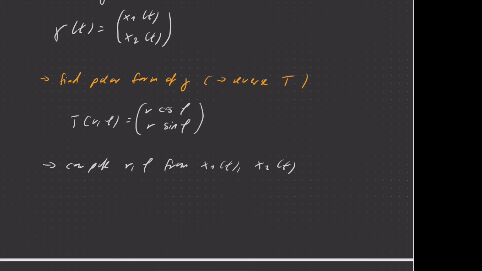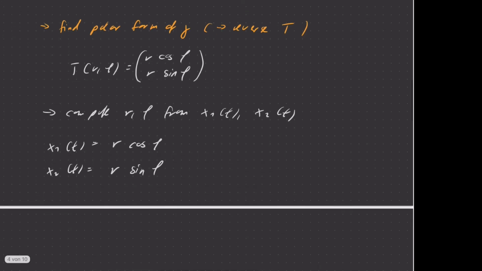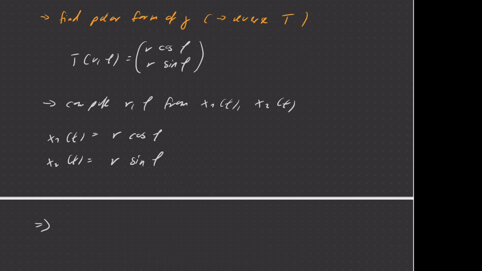Now, how are we going to do that? Well, x1 of t is equal to r cosine phi. x2 of t needs to be equal to r sine phi for the r and phi that we want to determine. And that means, first thing, that r squared is going to be equal to r squared times cosine squared phi plus sine squared phi, because that here is equal to 1.